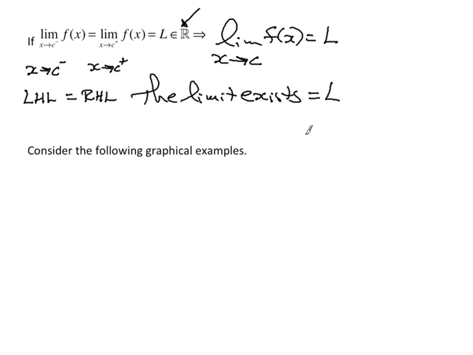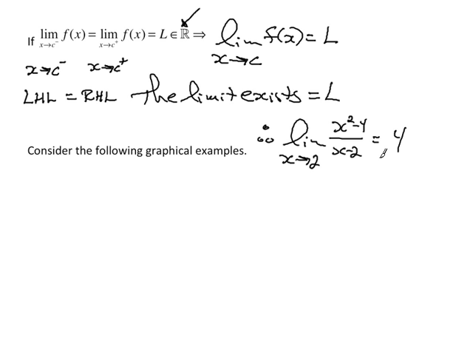So therefore, we can say that the limit as x approaches 2 of x squared minus 4 over x minus 2 is in fact equal to 4. That's what we just saw in the graph.